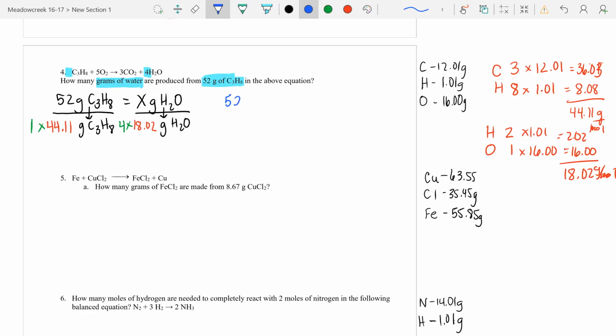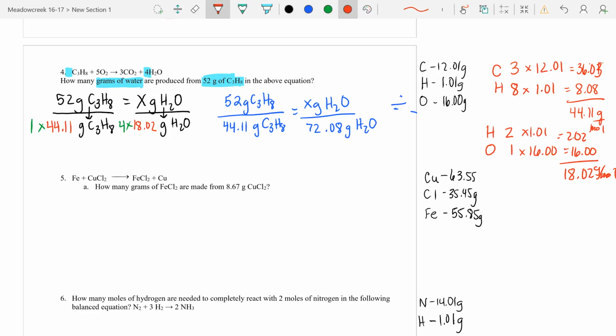So 52 grams of C3H8 divided by 1 times 44.11 grams of C3H8 equal to x grams of H2O divided by 4 times 18.02, which is 72.08 grams of H2O.